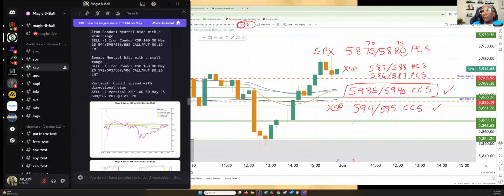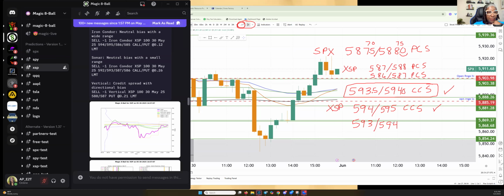But if I did 593, 594, and this stopped at 59.32, then this trade is breached, because that's 593 and 20 cents. That's breached. We don't want that.